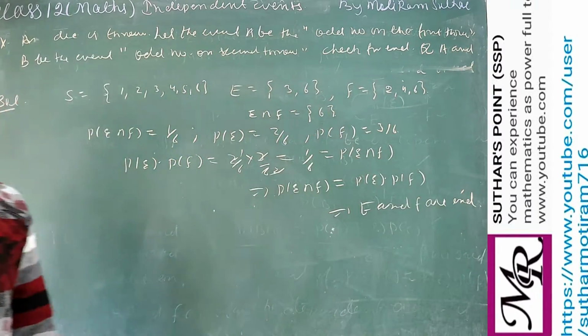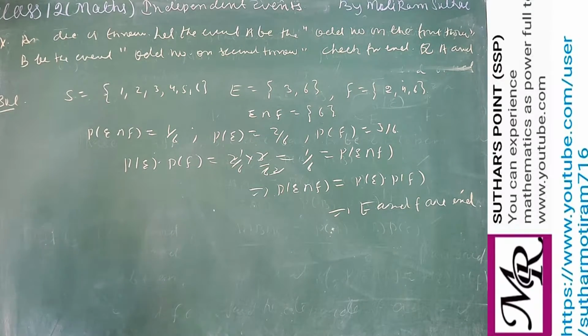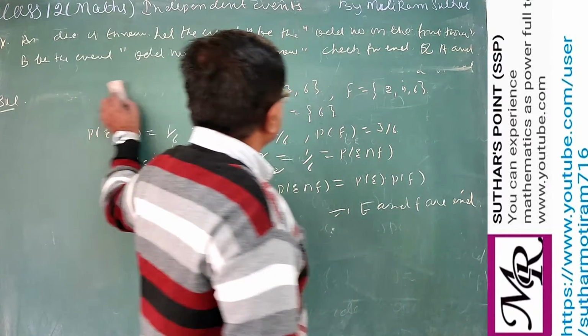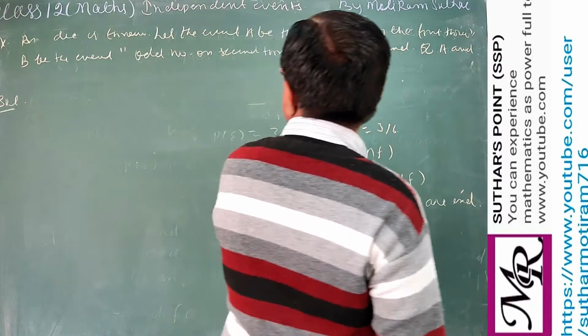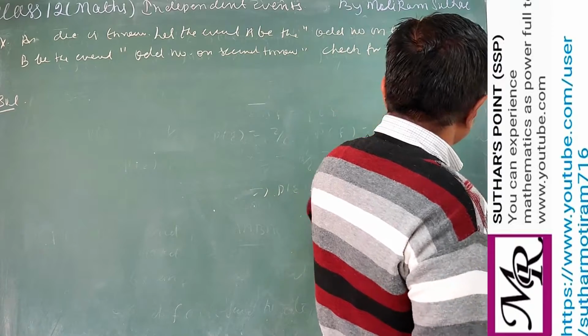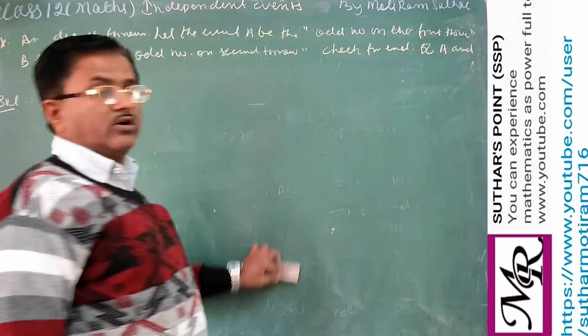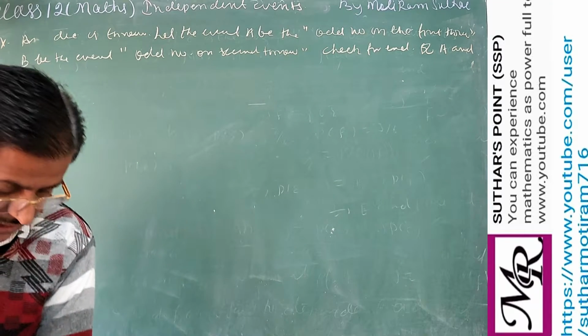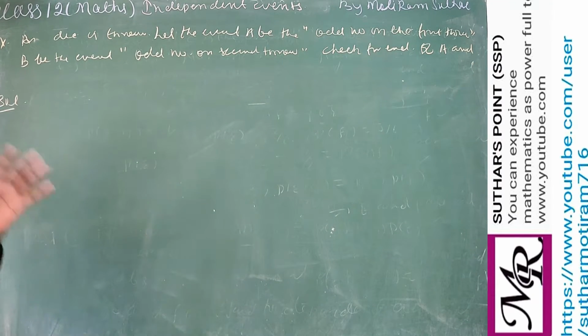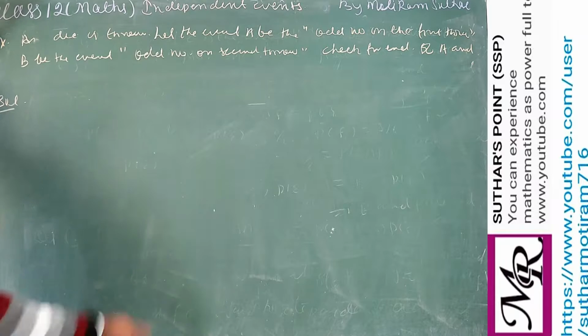So again here we follow the same process. We have to check whether the given events are independent or not. A die is thrown twice. It means total possible outcomes are 36. So all these 6 into 6, 36 are the elementary events, and they all have equal chance.